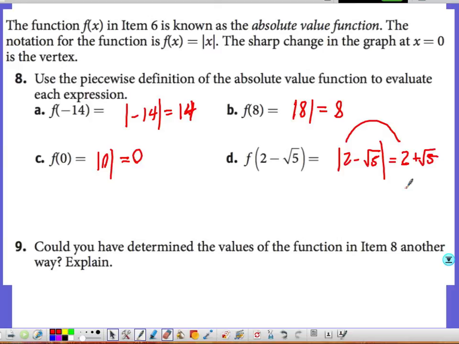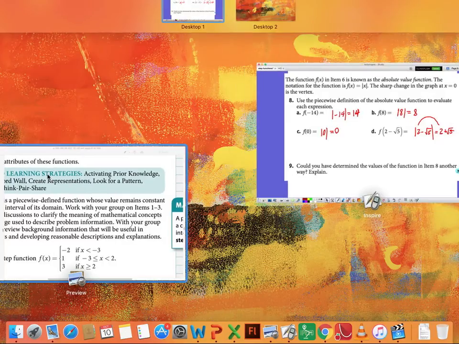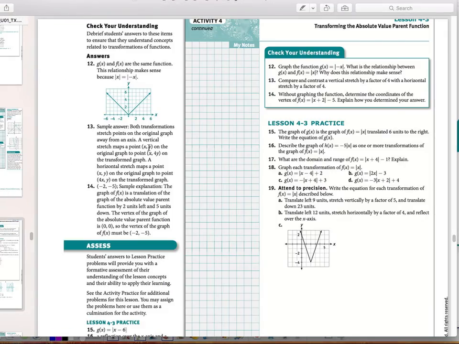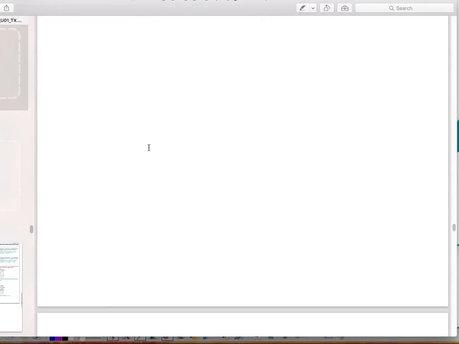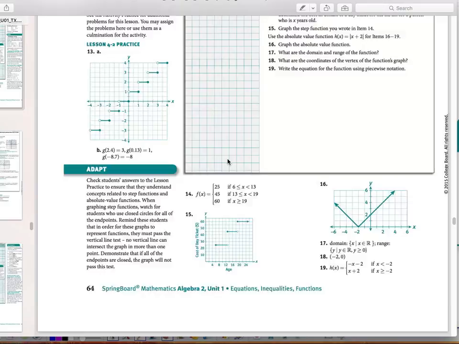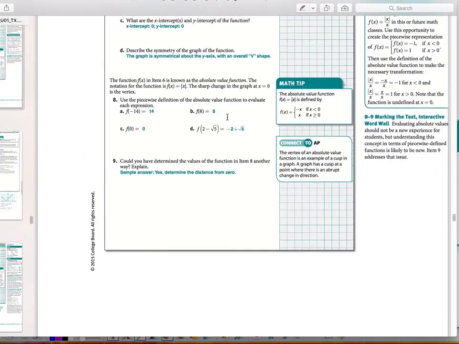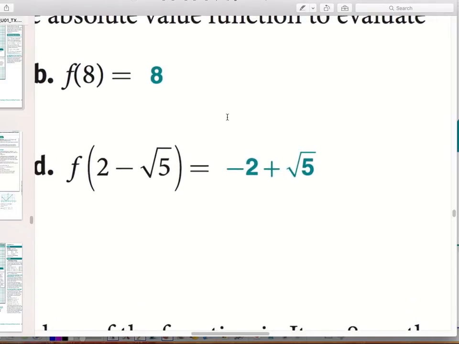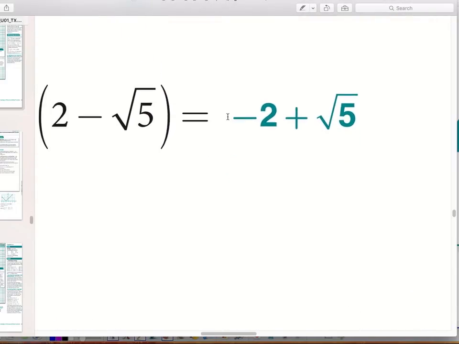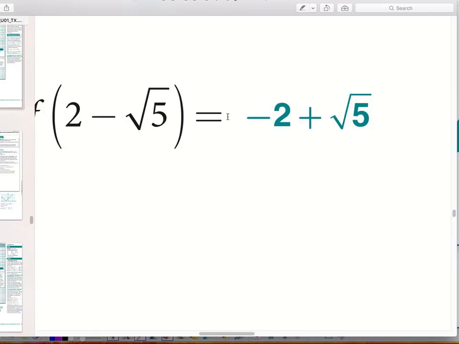I may want to check that. Let me check that real quick. Yes. Oh, isn't that interesting? So the answer is minus 2 plus the square root of 5.